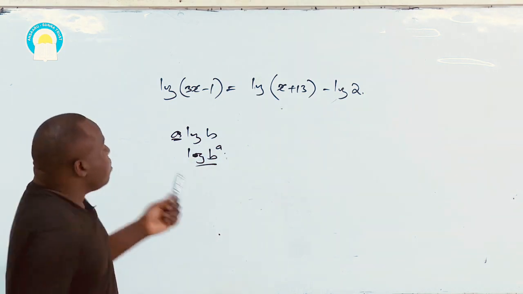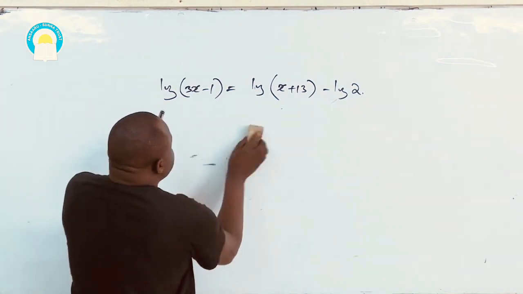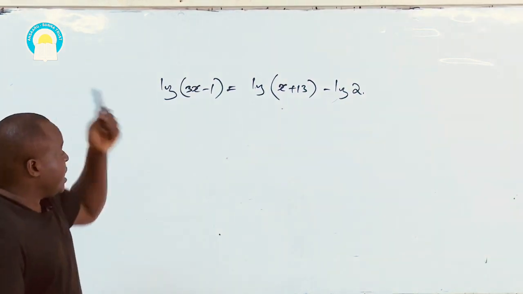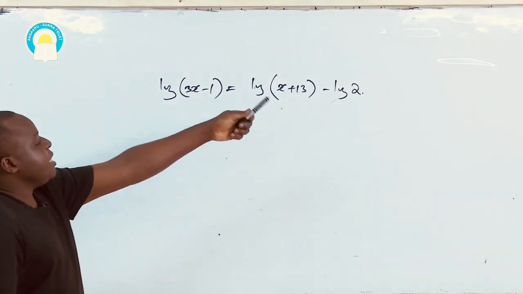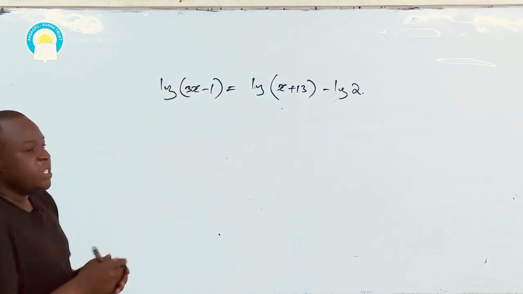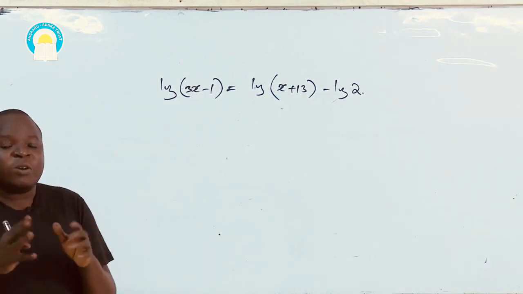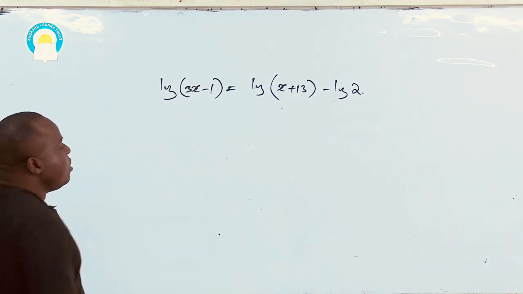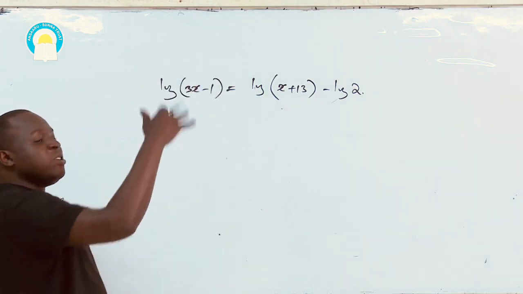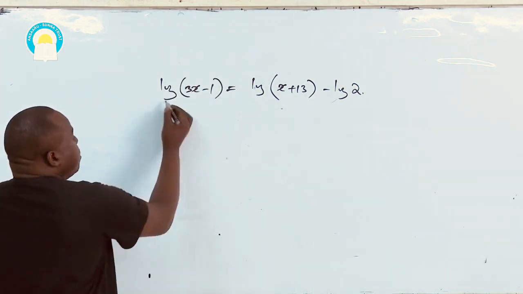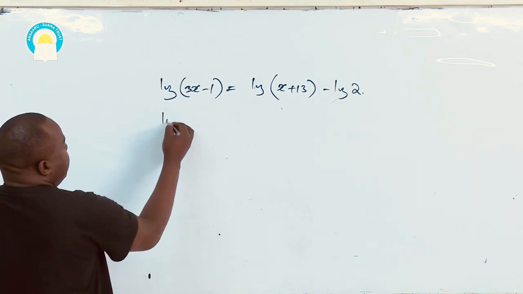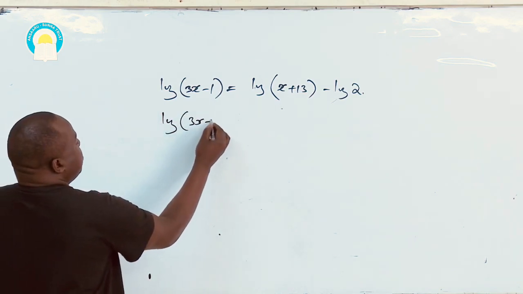So for this question here, I have log x, log 3x minus 1, then that. I don't have coefficients, I have logs everywhere. The question is ready to be done. Now when you're doing the question, just follow the other laws of logs that I explained. On the left, there is only one value, so I'll still write log of 3x minus 1.